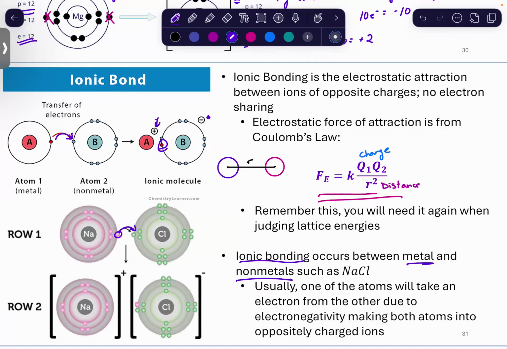That's going to leave sodium as a positive, and chlorine becomes the anion, so it becomes chloride, a minus. What you get now is an electrostatic attraction between the sodium ion and the chloride ion, and you get sodium chloride, which we know is common table salt. So this is the essence of an ionic bond.